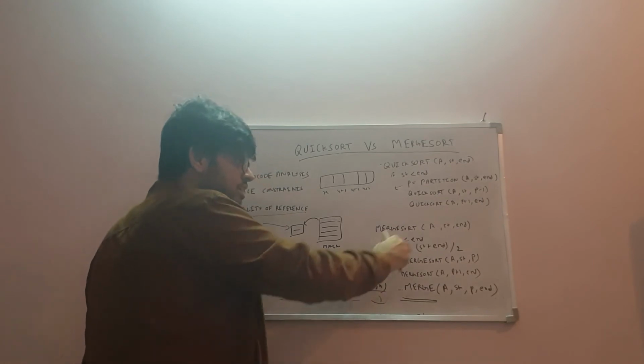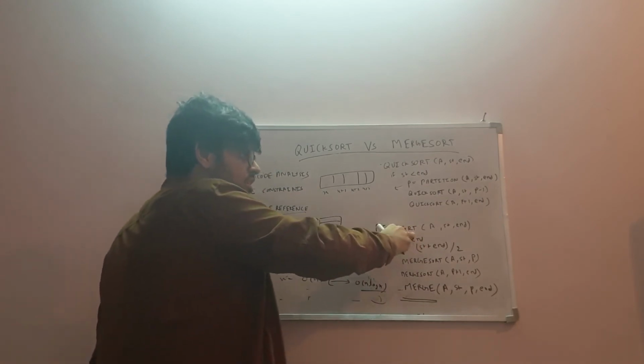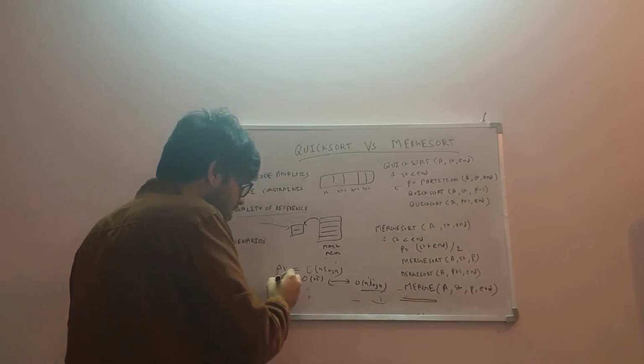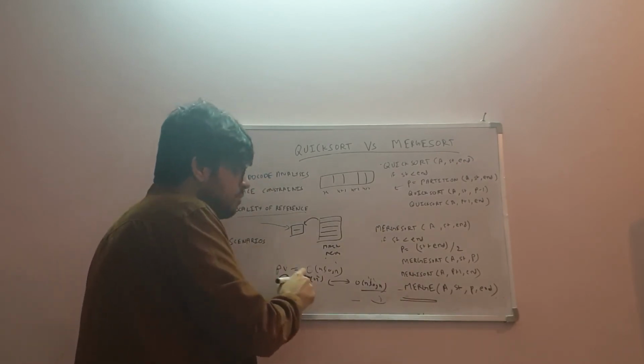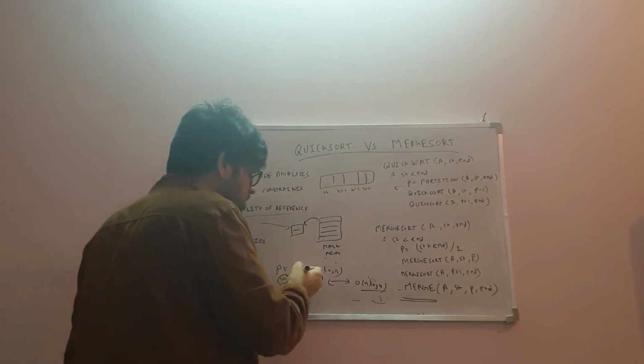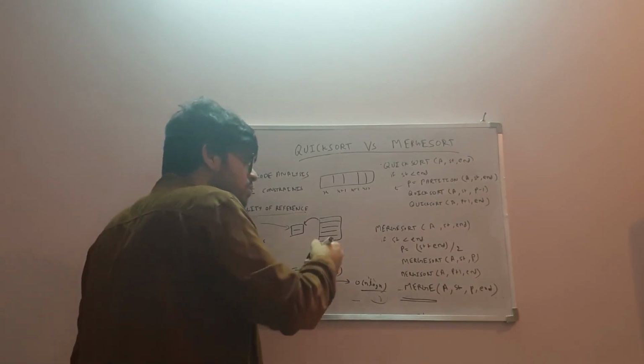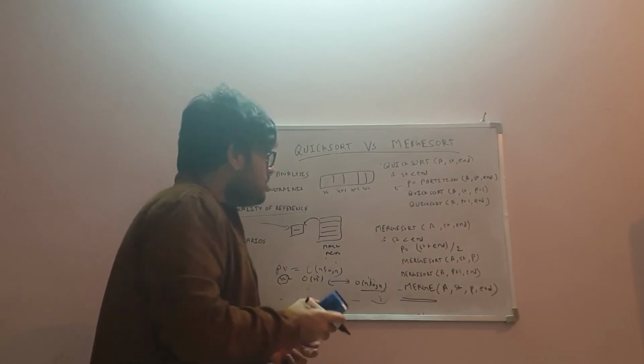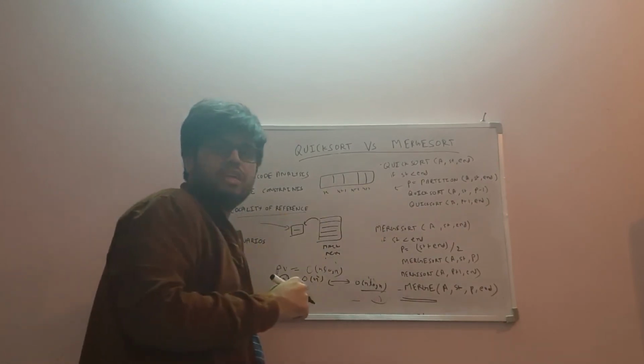But we have to consider that Mergesort actually uses much more space, which is equivalent to the size of the array. And we can easily avoid this worst case time complexity of Quicksort using a randomized pivot. So we would prefer to use Quicksort in case of arrays because of the great locality of reference that Quicksort provides.